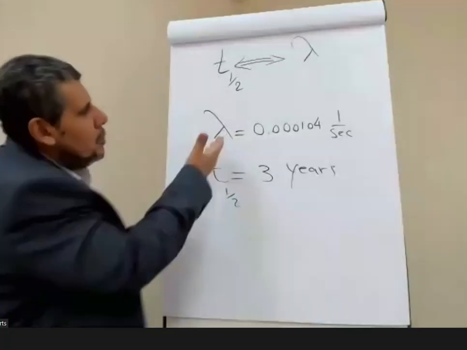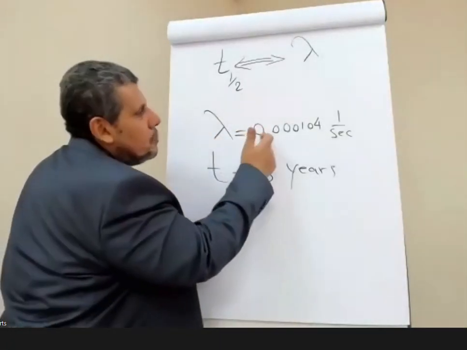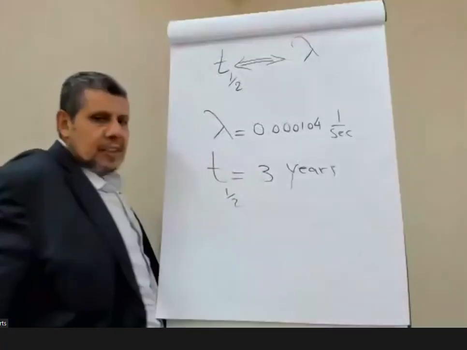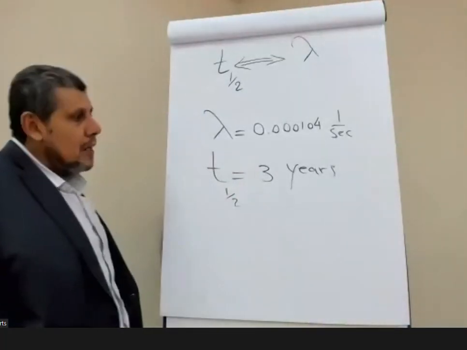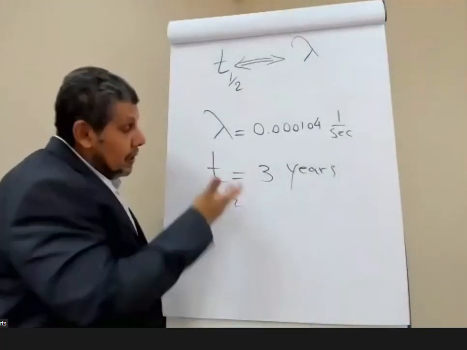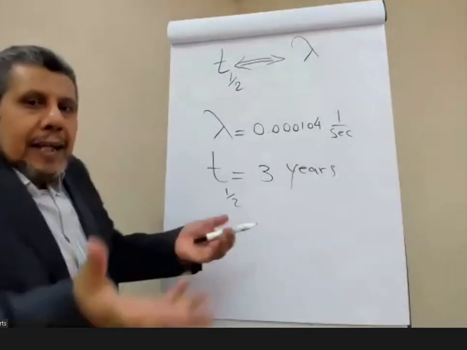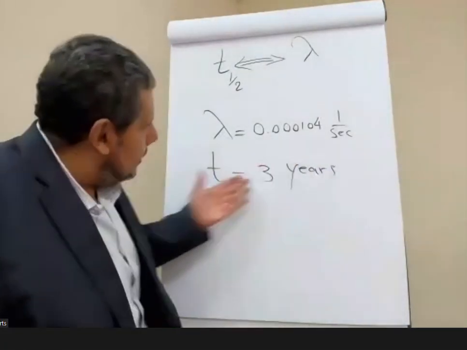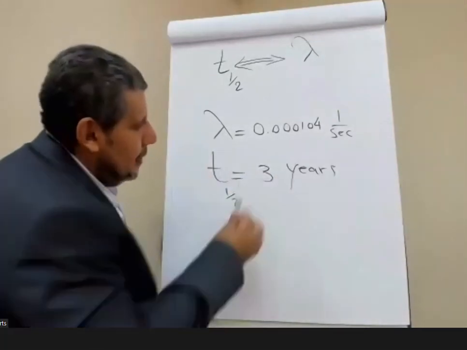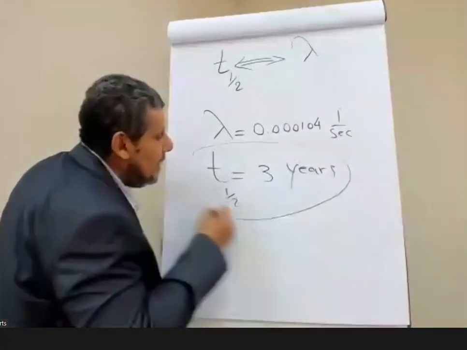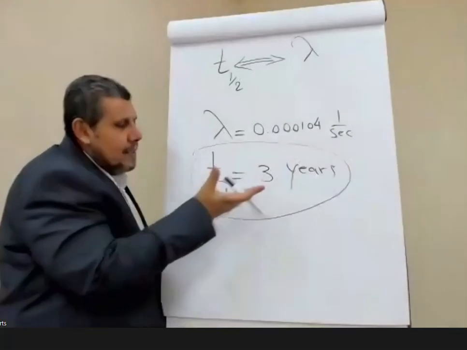Now, when I told you that the decay constant of this source is 0.00104, 1 over second, did you get any meaning? But if I say the source half-life is 3 years, now I get meaning, I catch something. Each 3 years, the activity decreases by half. So I get no feeling from this number.